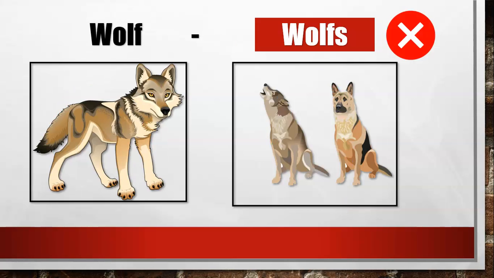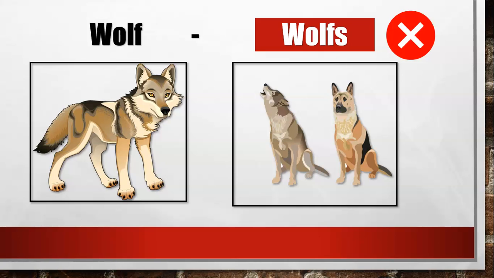Now, wolf. I would say it is a very strong mindset of most people. I think it's a matter of convenience that you just add S and say the word to give the plural. So here typically it's one wolf and two wolves.